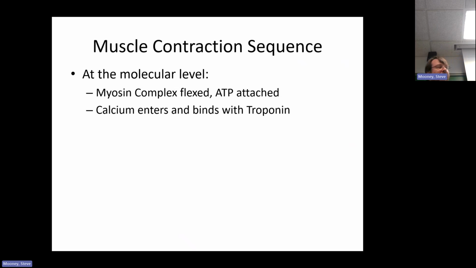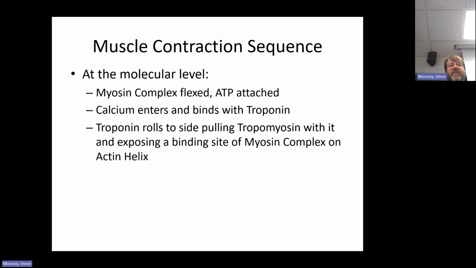Calcium comes in and binds troponin, that little pill thing we saw on the side, and it's going to pry open that binding site. As calcium rolls the troponin out of the way, troponin is connected to that long black line.